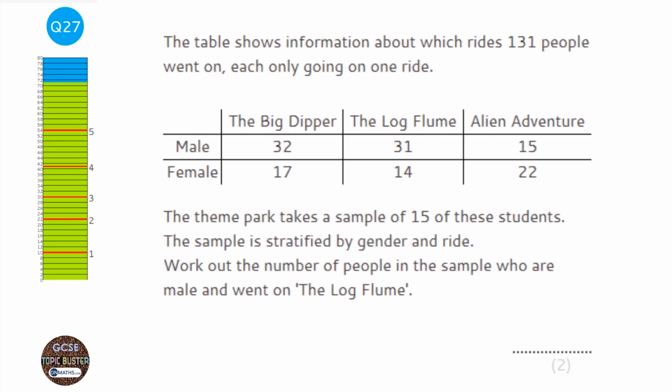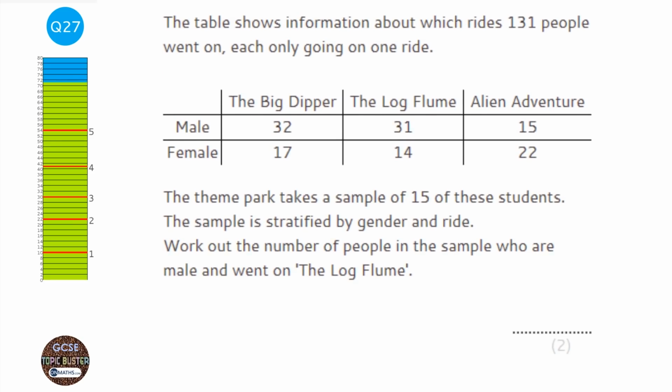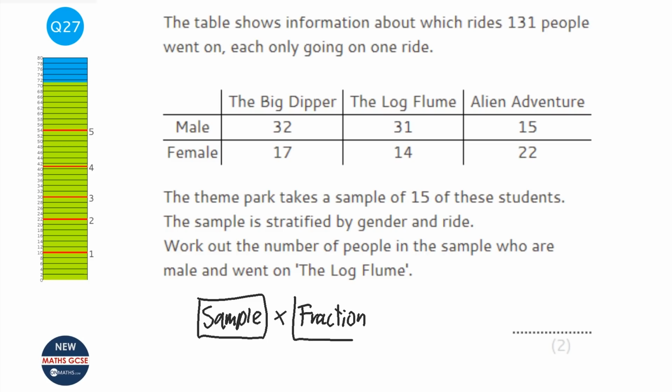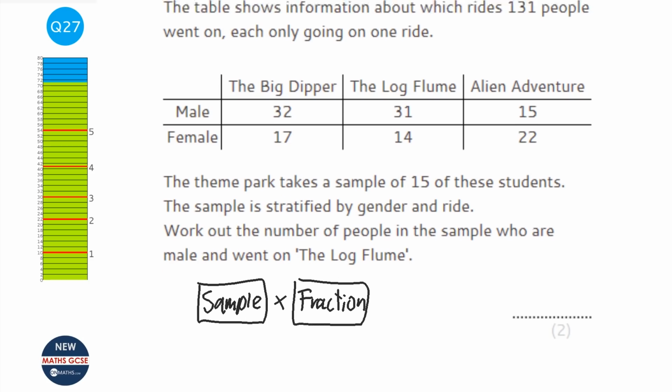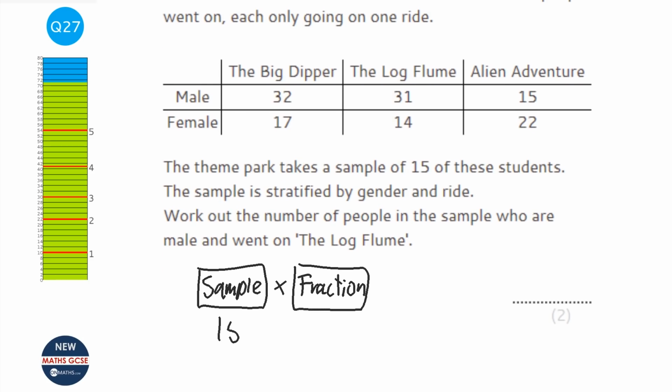Okay, so whenever you're finding a stratified sample, you always have the number in the sample and you times it by the fraction of that particular group that you're interested in. So our sample is 15, and we're going to times that by, well, it says the male who went to the log flume.